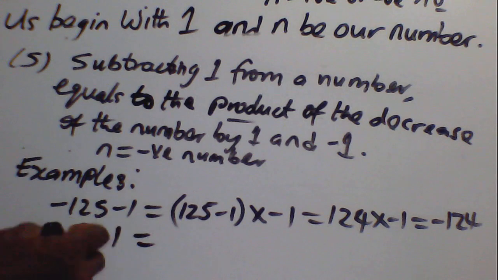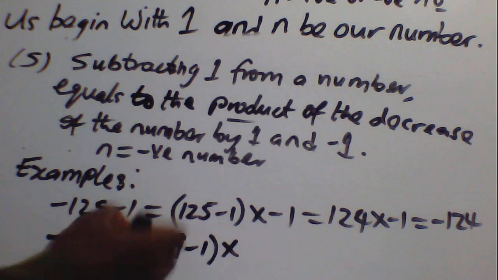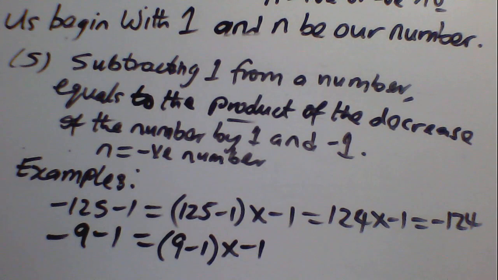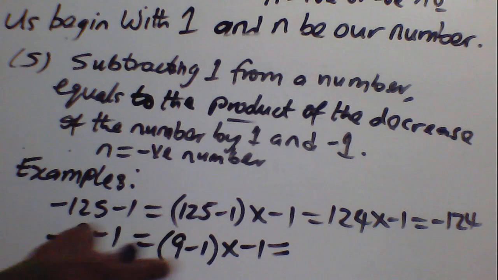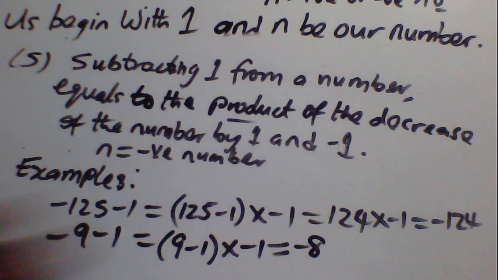This is equal to the decrease of the number by 1, which is 9 minus 1, and the product of the decrease of the number by 1 and minus 1. 9 minus 1 will give us 8. 8 times minus 1 will give us minus 8. So this is the 15th thing you have to know about 1.